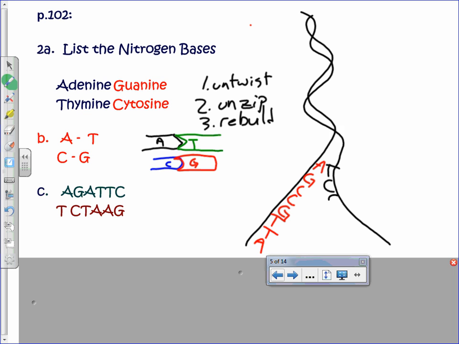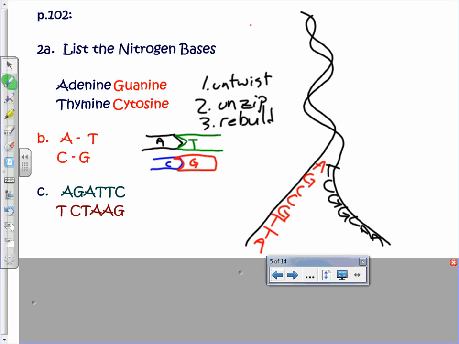This would be. Okay. So it unzips. It goes around. It unzips it, and so now you only have half. And what happens then is some little ribosomes come and build up the new side.